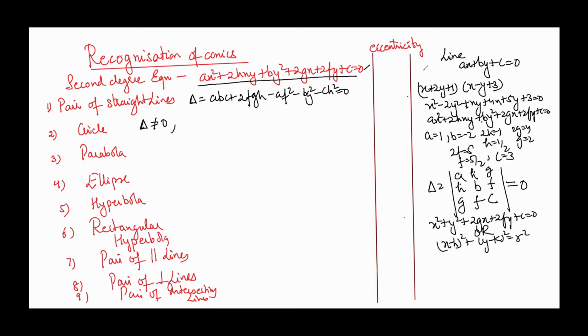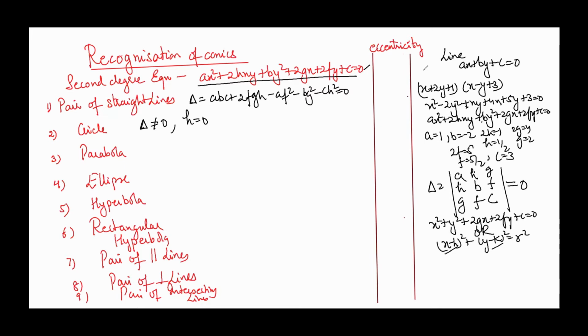In this case, we don't get x into y terms, because when we resolve these whole squares, we get x square, y square, x, y, and a constant. Therefore, in this second degree equation, h should be equal to 0, so that this equation can be of a circle.